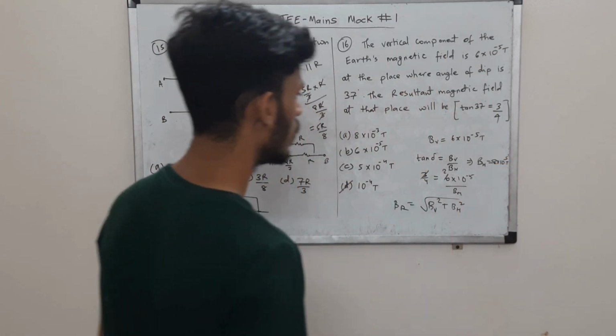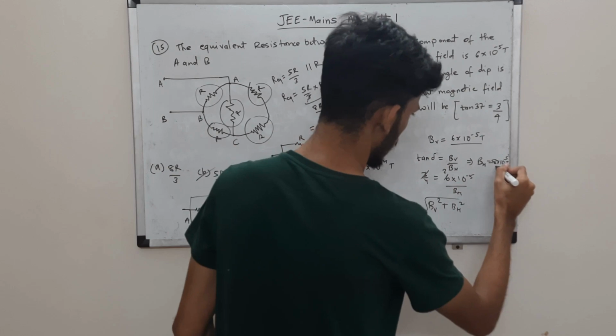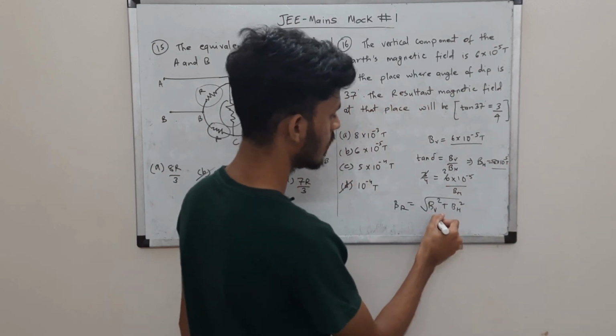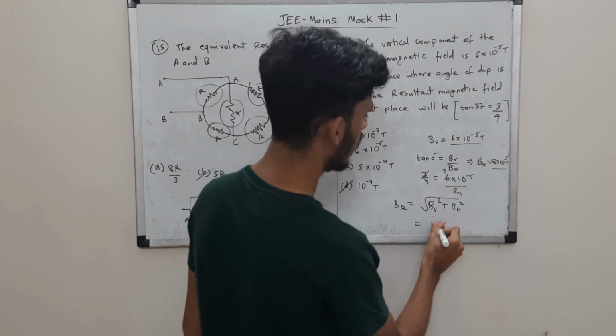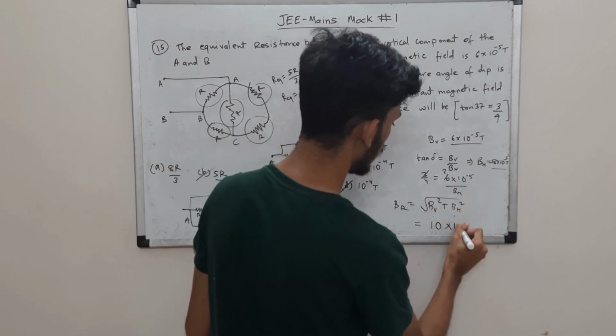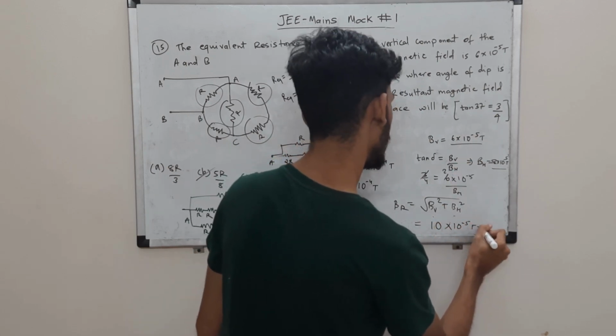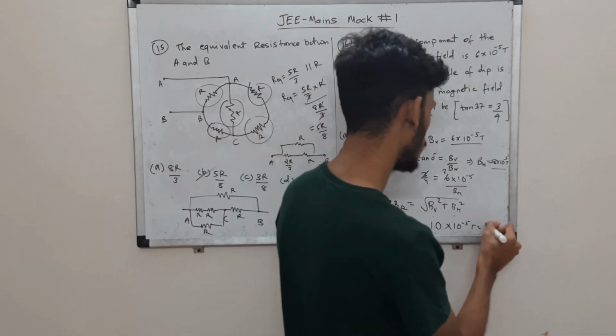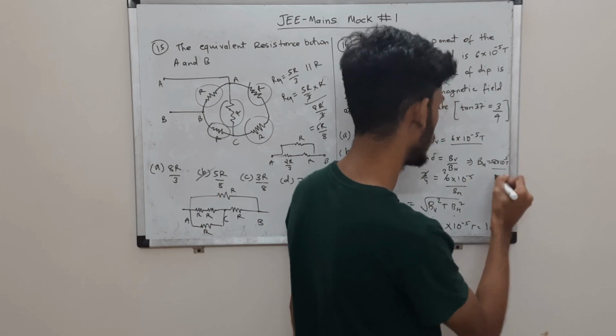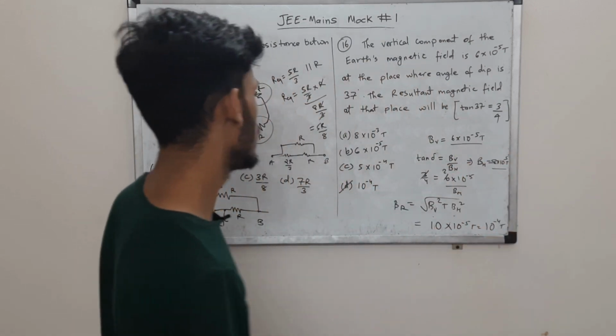If you see, this is the famous triangle 6, 8, 10, so the answer will be 10, and with the power of 10 to the power minus 5, this is your answer. I'm basically using the Pythagoras triplet, so 10 to the power minus 4 Tesla. You can substitute these values and you will get the same answer.